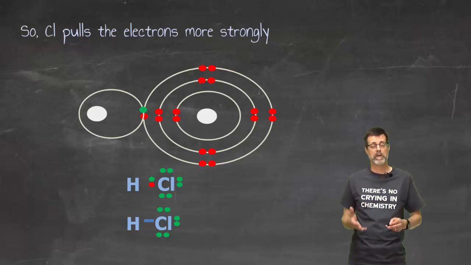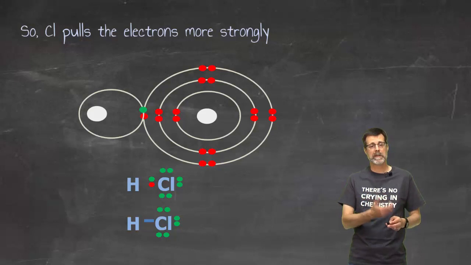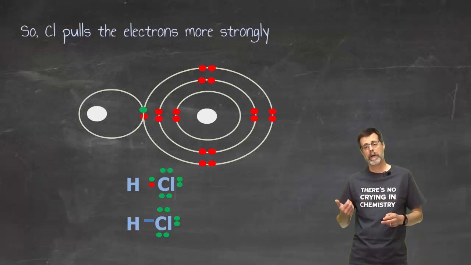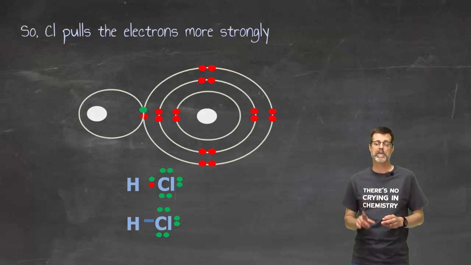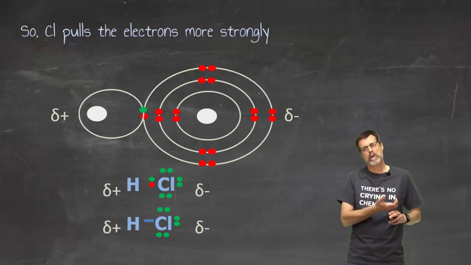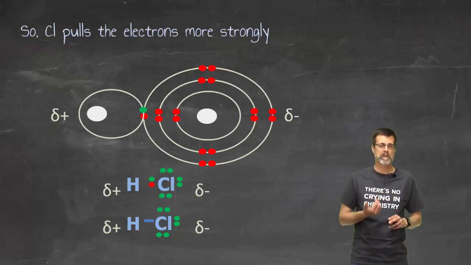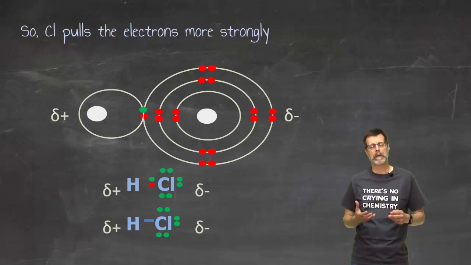The ionization energy of both of those elements, particularly hydrogen, is high enough that the electron is not going to be pulled all the way off. But because of the difference in electronegativity, the electron is pulled a little bit closer to the chlorine and a little bit further away from the hydrogen.